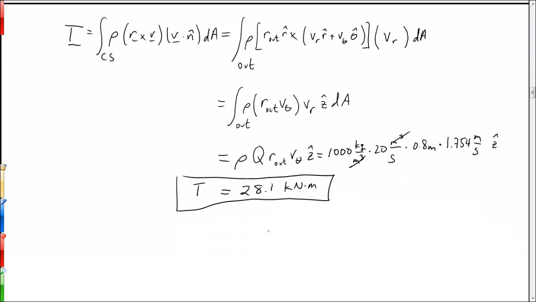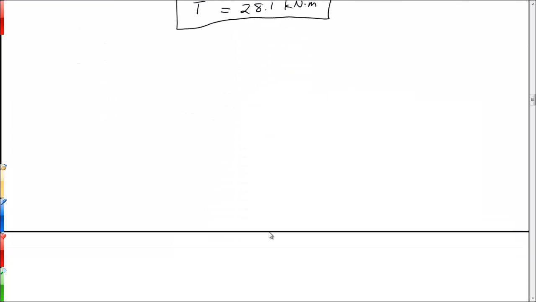So, since we drew our rotor in red on the other page, I'll switch to the red pen here. And let's look at our rotor.